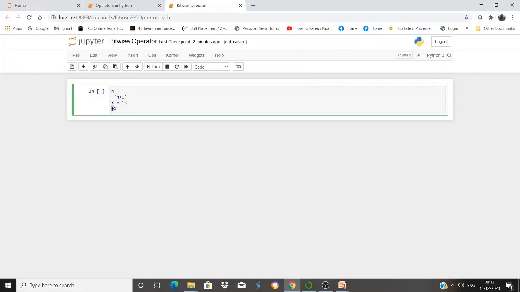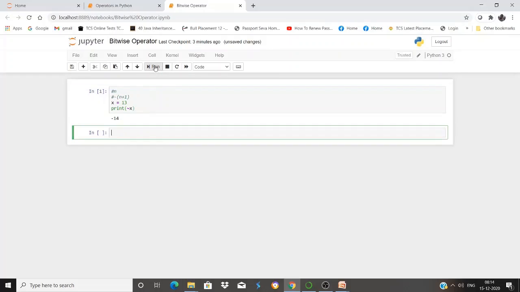You will find this symbol right below the escape key on your keyboard. Let's print the bitwise complement operator applied on the variable x. Let's comment out these things and run the cell.